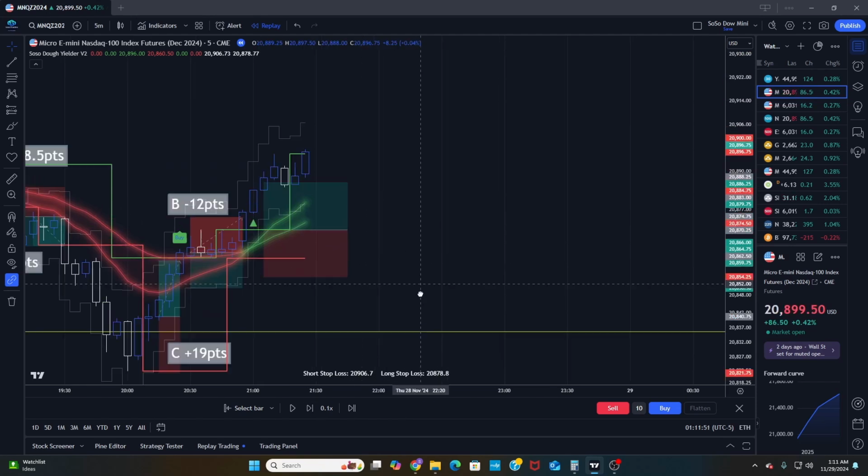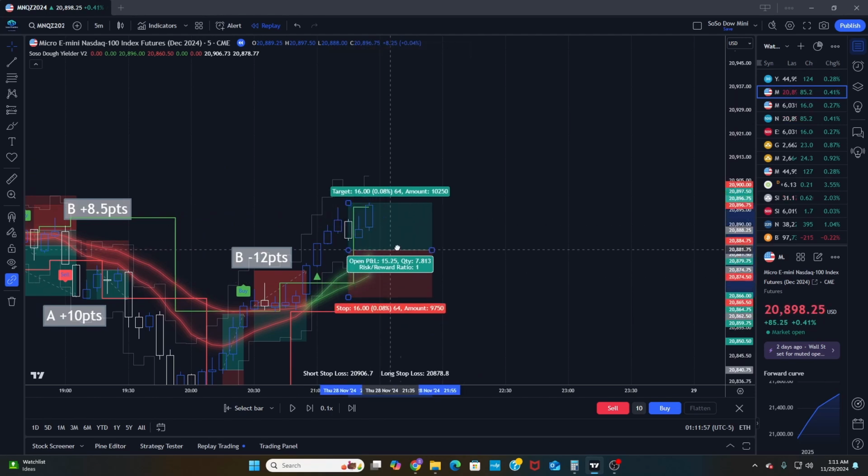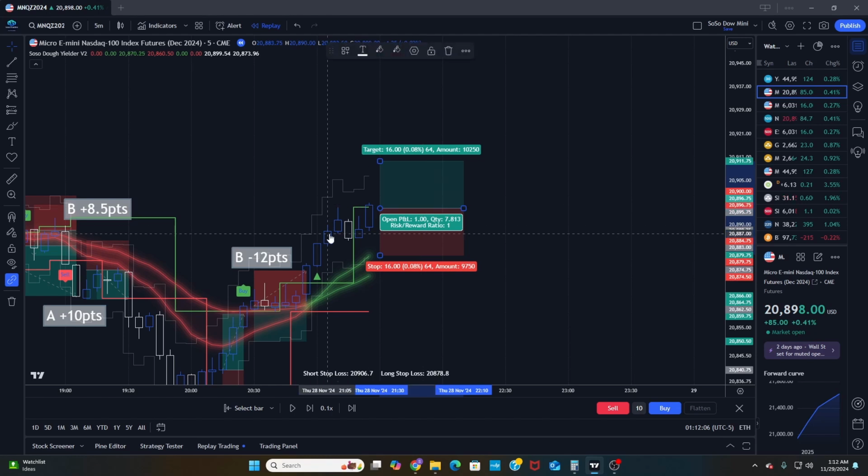All right, so here we got a break of this upper level, which is 896. So I'm going to move this trade up to the 896 level. Actually it was 896 even.